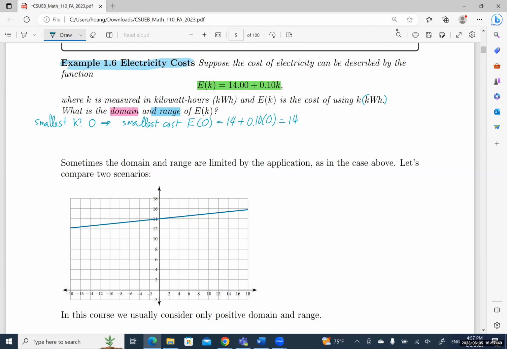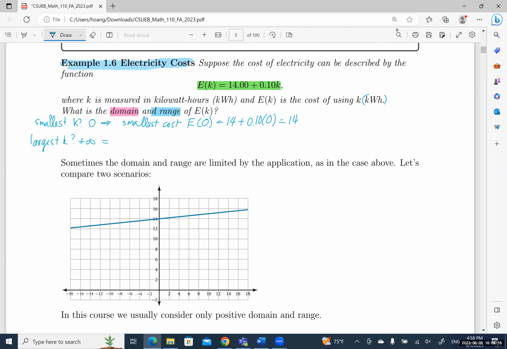And what is the maximum, right? What's the largest K can be? I mean, you can think like you can use as much as you can. So there's no limit in here. So I would say positive infinity, right?